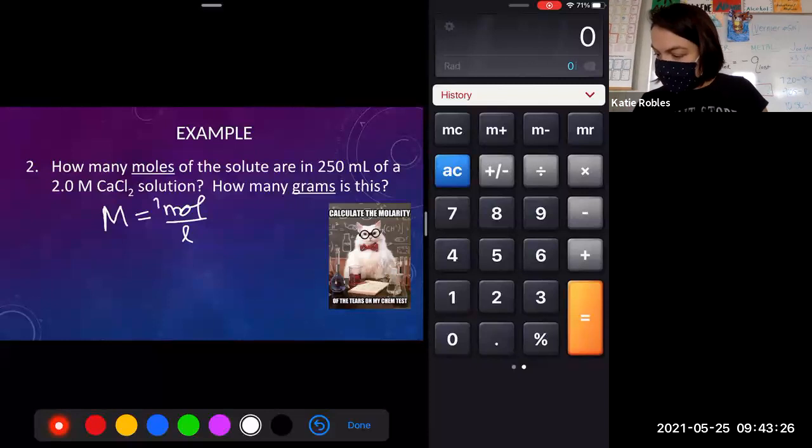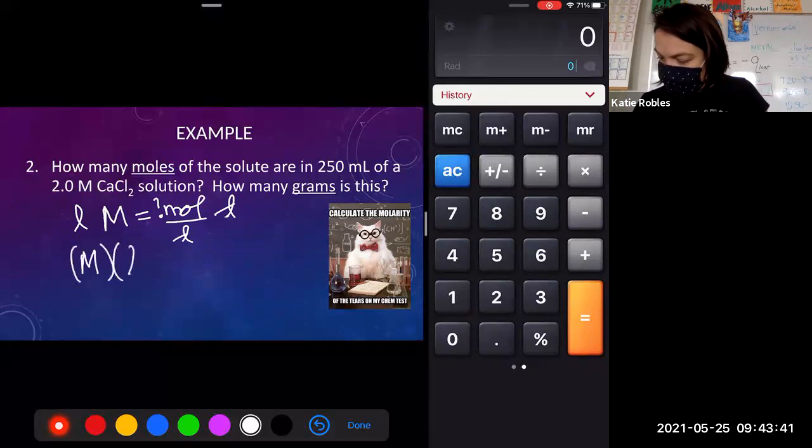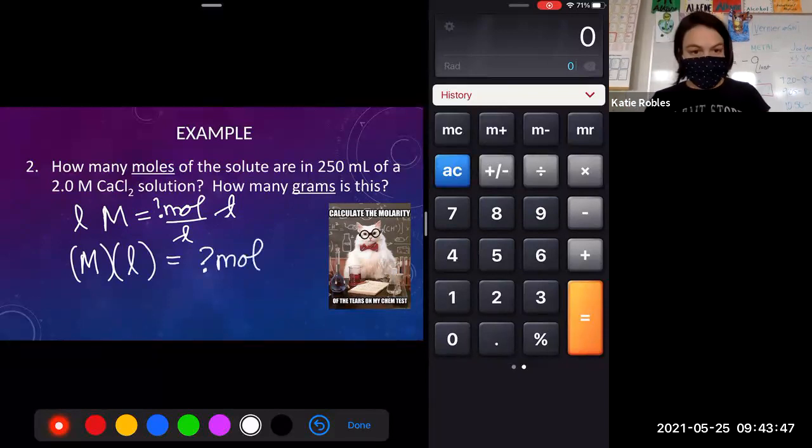So the moles is what I'm missing here. In order to solve for this, you're going to multiply both sides by L. This gets L off the bottom. So you're going to get molarity times liters equals X or question mark moles.